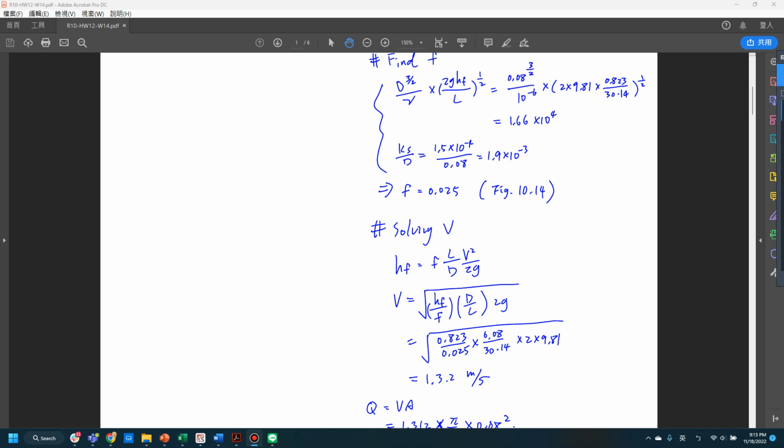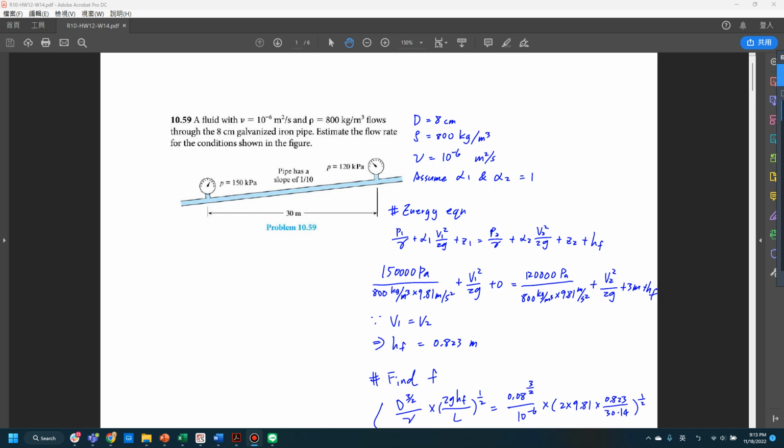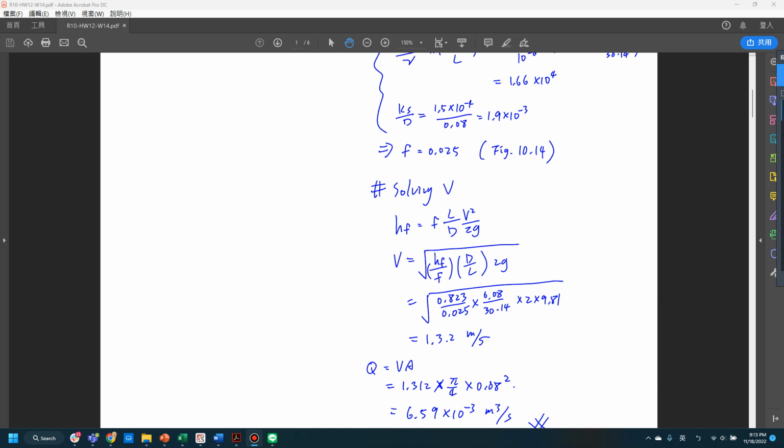So the only unknown here will be the velocity, and the flow rate can then be calculated from the velocity. The next step is to isolate V, the velocity, from this friction head loss equation.